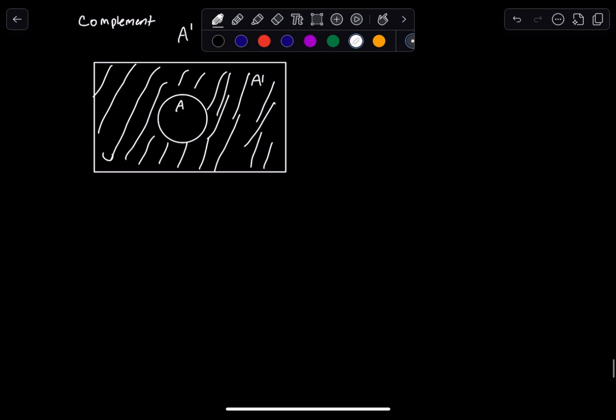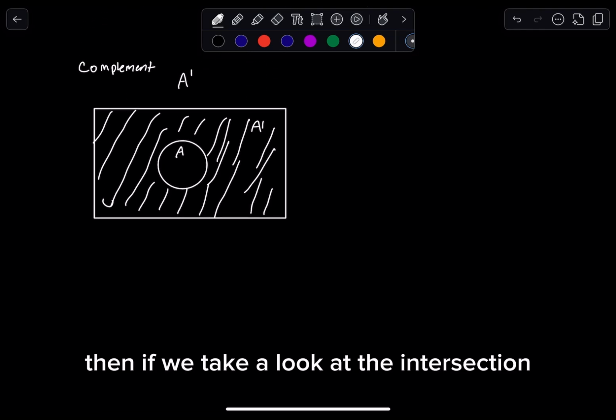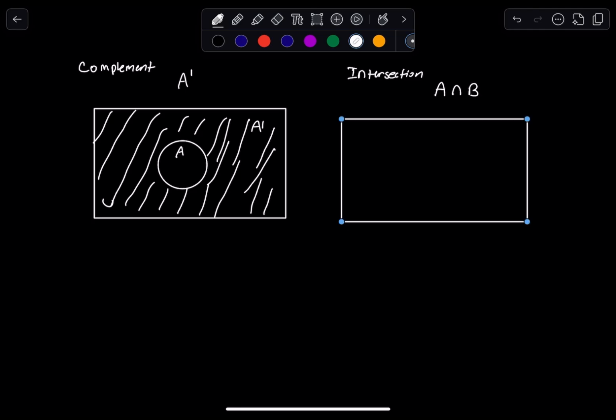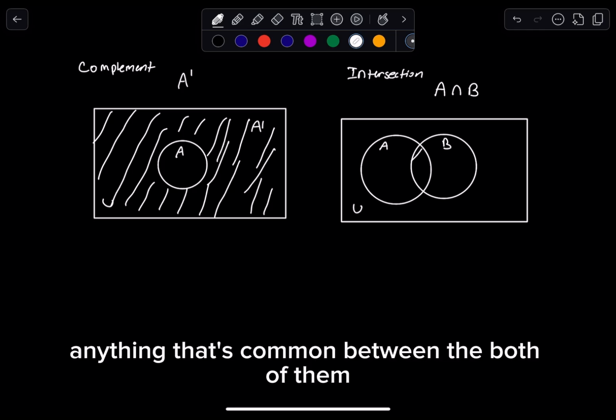Everything else. Then if we take a look at the intersection between two sets, we have the universal set. The intersection is going to be anything that's common between both of them.